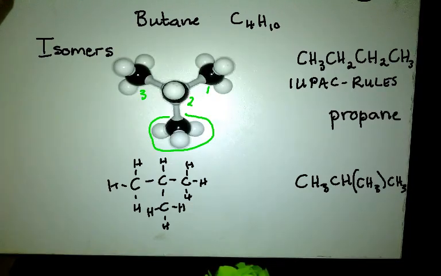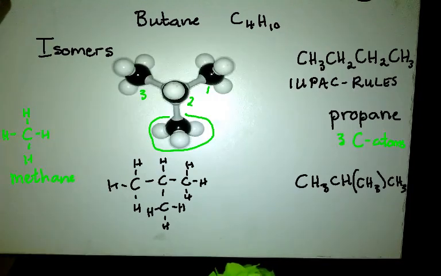That comes from the 3 carbons in the chain. And this side chain that we have here has 1 carbon in it. Now, the organic compound with 1 carbon in it usually has 4 hydrogens, and that would be called methane.